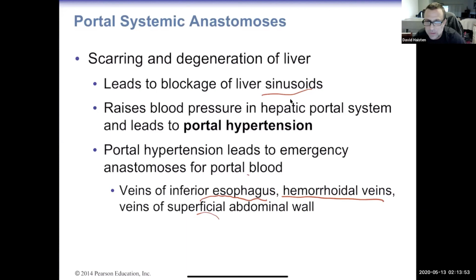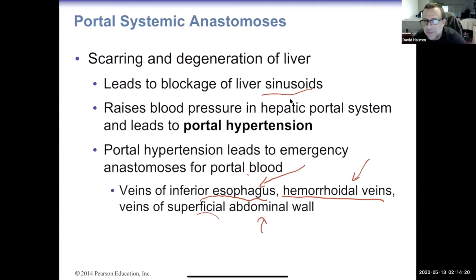Okay, so the inferior esophagus, while this blood is being sent through all these veins that it wasn't really meant to go to. So if you really like alcohol, a whole bunch, you can get esophageal hemorrhaging in the inferior esophagus. So that's an emergency. Everyone likes hemorrhoids. Superficial abdominal wall.